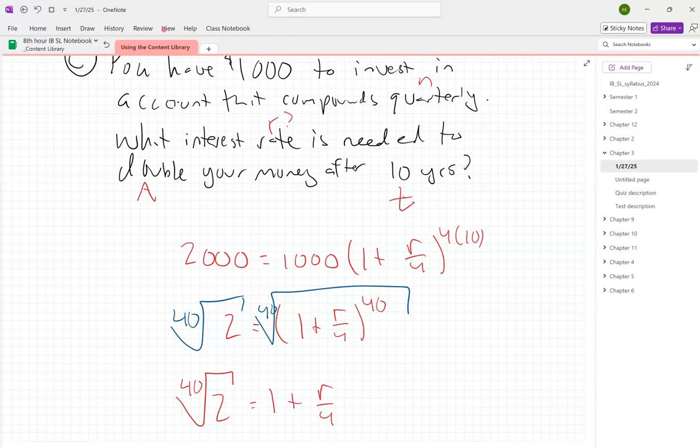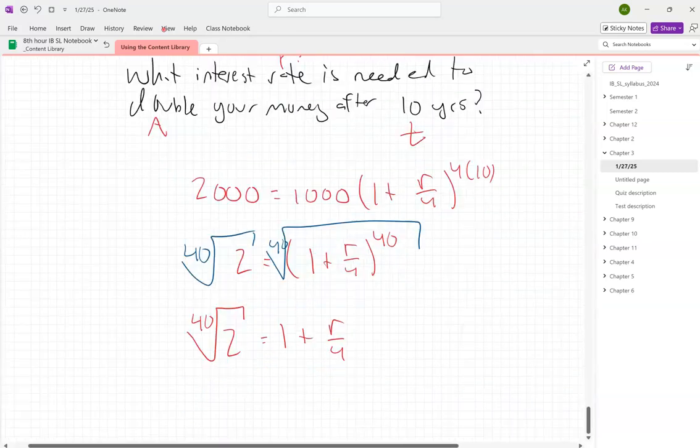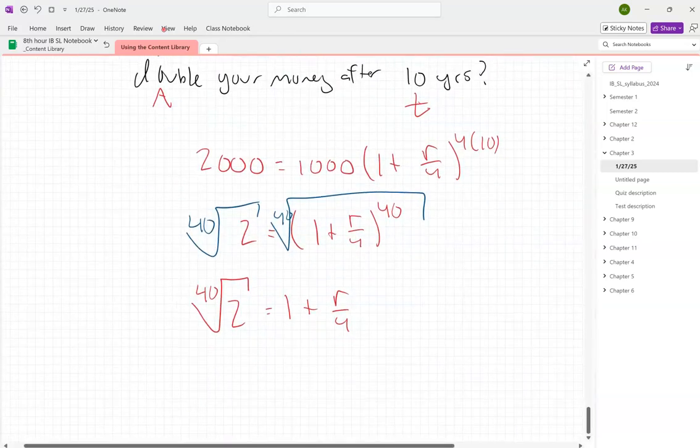It's got to be positive, right? Because what do I know about R? Interest rate has to be positive, right? Nobody's going to invest in a bank account that pays you negative interest. It's going to take money from you every year. It's a pretty bad deal. You might find an investment that does that, but not on purpose.